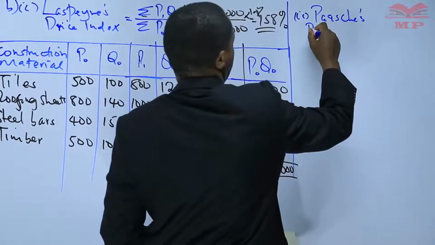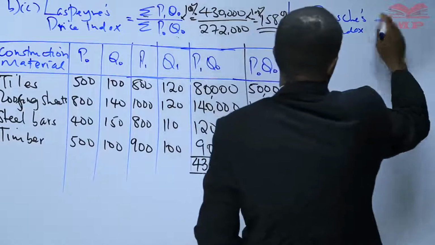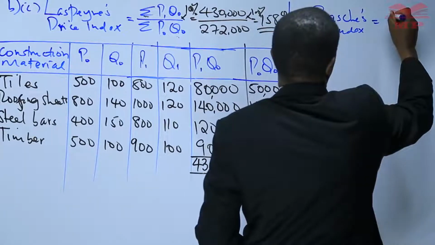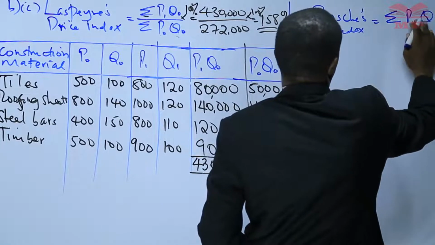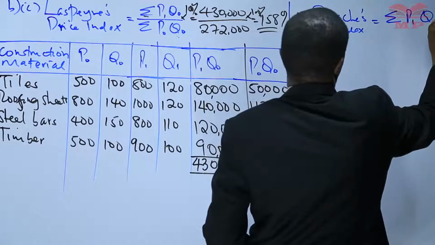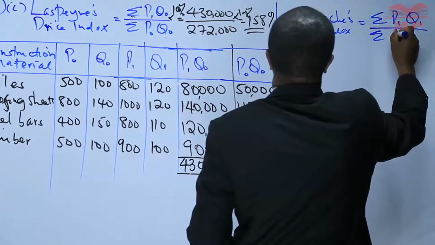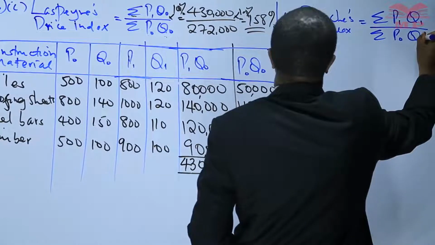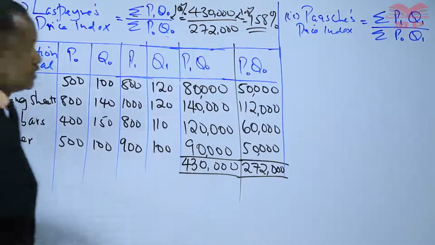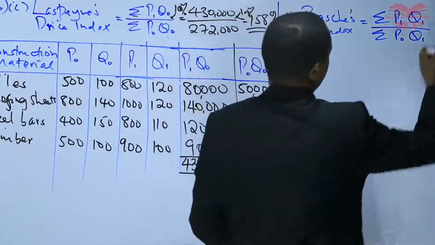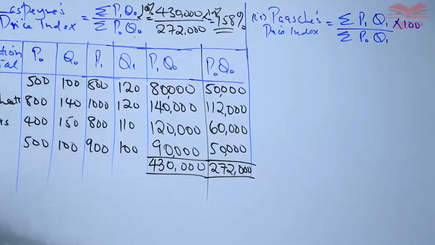We know the formula is the summation of P1 Q1 over the summation of P naught Q1, times 100. This is very important. You need to memorize the formula. Times 100 converts it into a percentage.